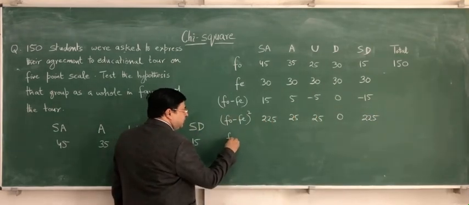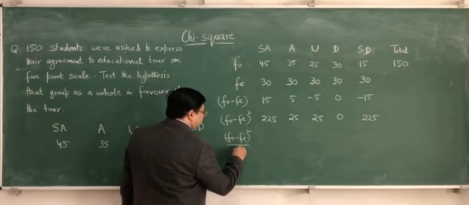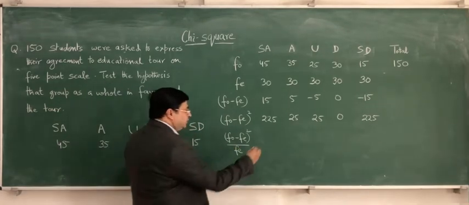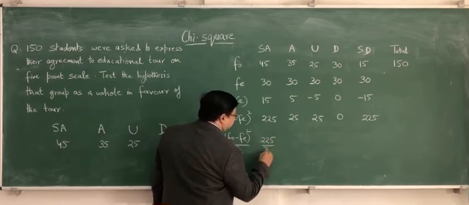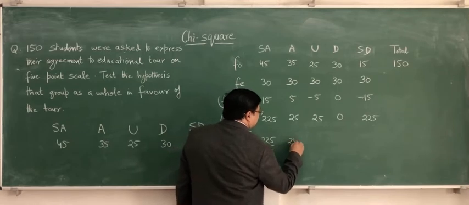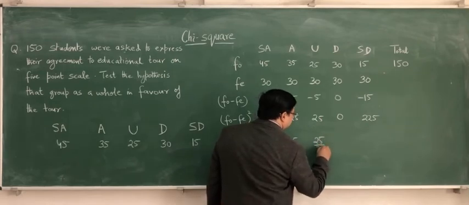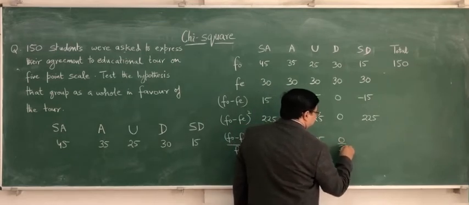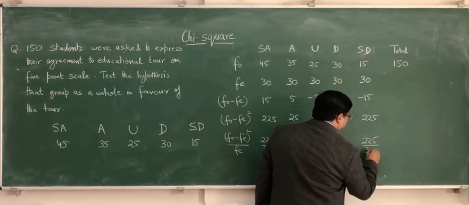So next step, 225 upon 30, 25 upon 30, 25 upon 30, 0 upon 30 and 225 upon 30.